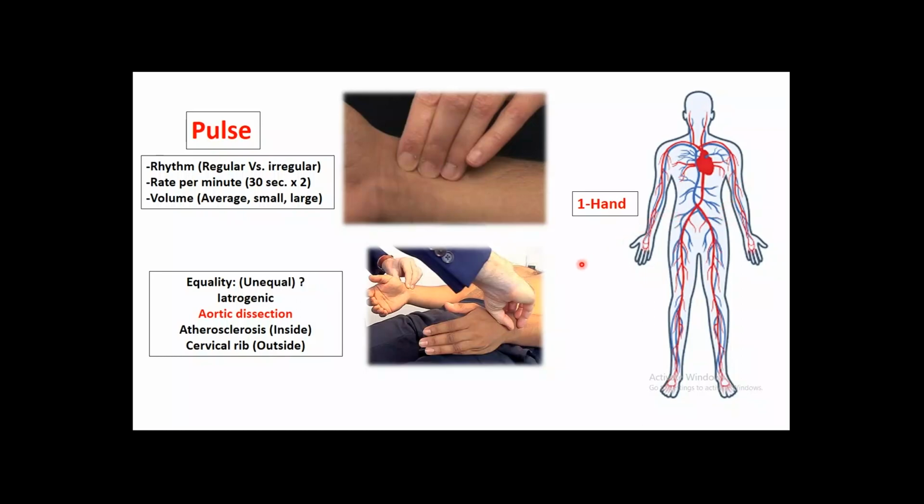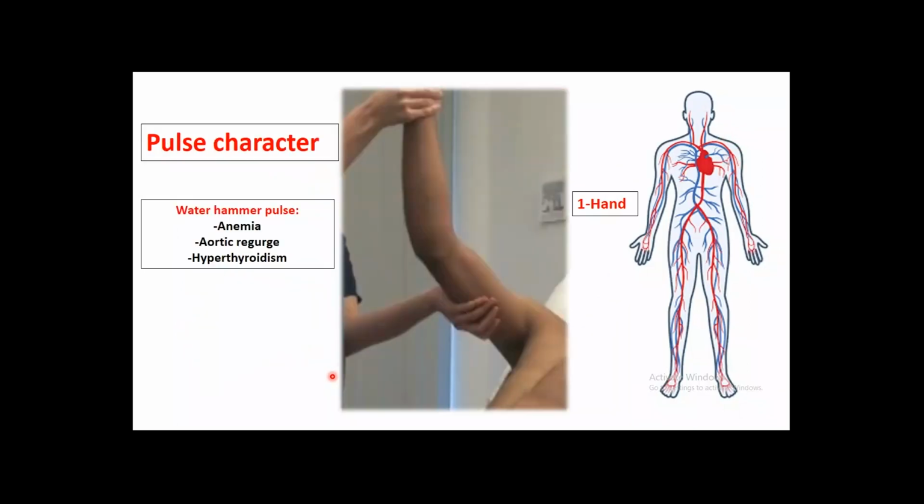This might be seen in about one third of patients with aortic dissection, and this is a life-saving diagnosis. It might also be caused by obstruction inside the artery itself, caused by atherosclerosis, or compression from outside by a cervical rib. These are the causes of unequal pulse.